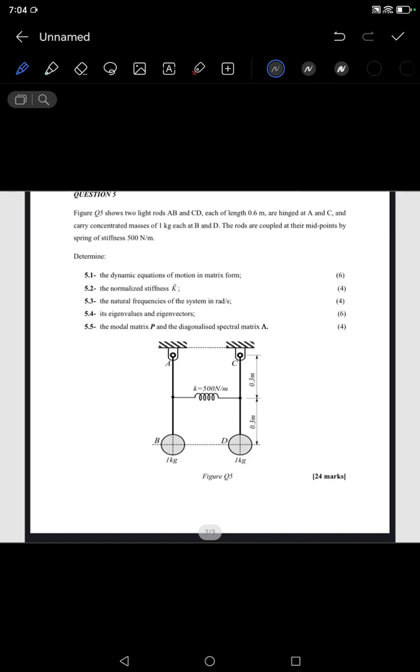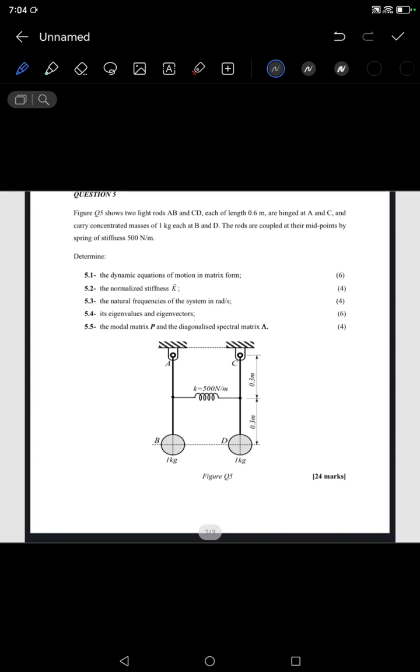We are given a figure that shows two light rods AB and CD, each of length 0.6 meter, hinged at A and C and carrying concentrated masses of 1 kg each at B and D. The rods are coupled at their midpoints by a spring of stiffness 500 Newton per meter, and we are asked to determine the dynamic equation of motion in matrix form.